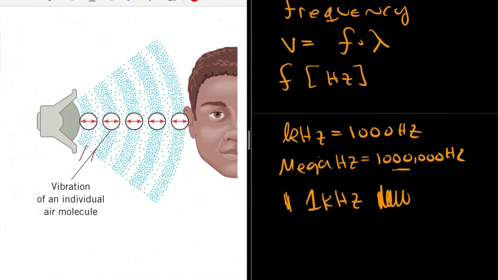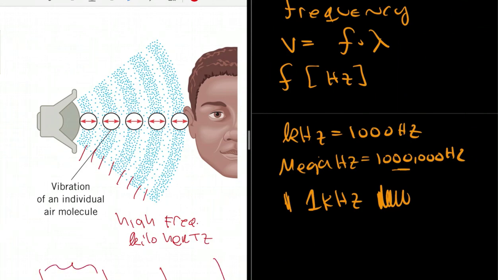If the distance between any two repeating points is small, that corresponds to a high frequency, for example in the kilohertz range. And if the separation between any two repeating points is really far apart, that is a low frequency or low pitch.